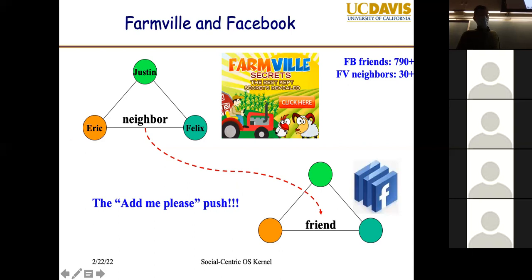One is created or managed in an application called Farmville, and the other is by Facebook. And they have to be in one-to-one correspondence. I just want to make sure you understand: if you want to upgrade, you have to have enough neighbors, and any neighbor you have has to be your Facebook friend.